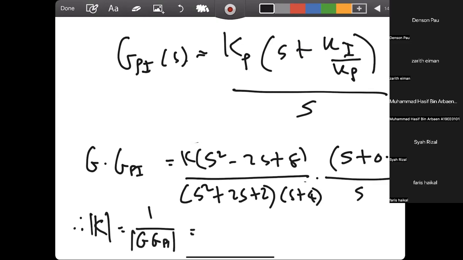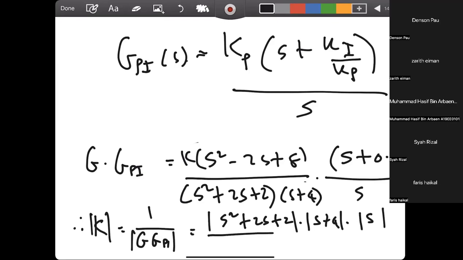The denominator goes up: S squared plus 2S plus 2, S plus 4, S, divided by S squared minus 2S plus 8, S plus 0.1.